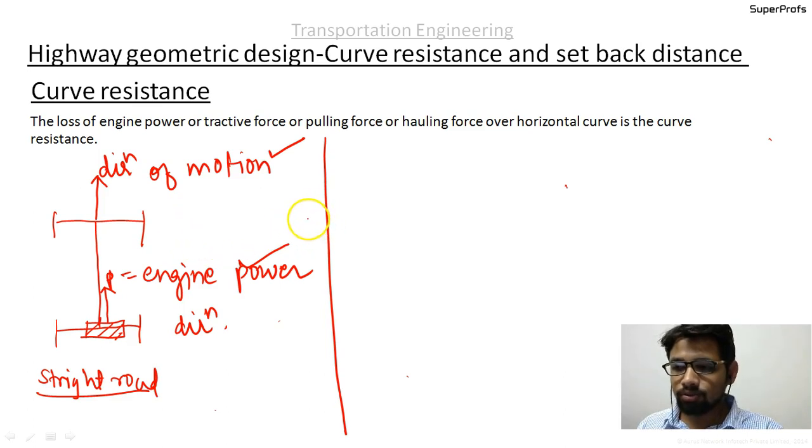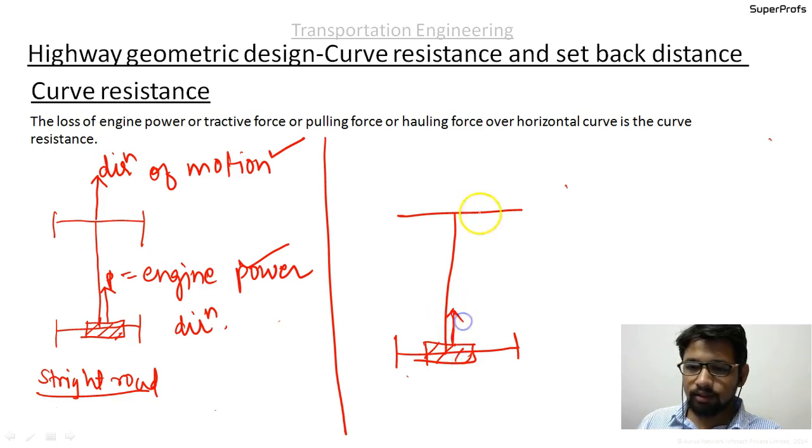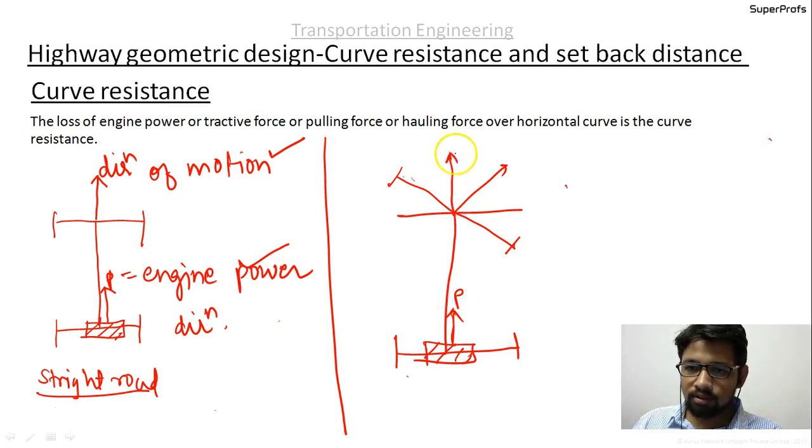But in case of a horizontal curve, when the same vehicle is moving on it, the direction of engine power is this one, but the vehicle is turning to some side, taking a turn by angle theta. So this is the engine power P in this direction, this is the turned axle, and theta is the angle by which the vehicle turns.